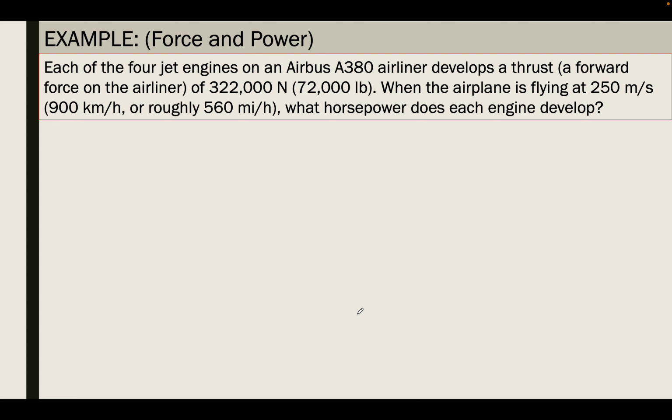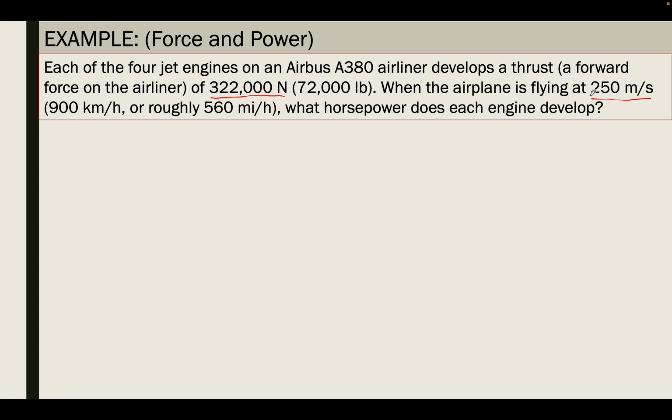So we are asked to solve for the power of this airliner, given the force, which is equal to 322,000 newtons, and the velocity or speed, which is equal to 250 meters per second.